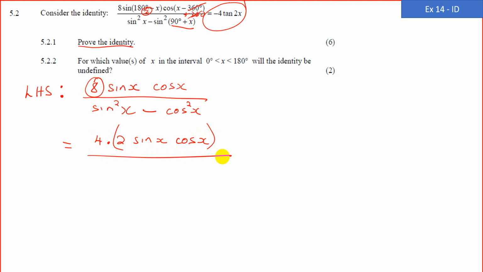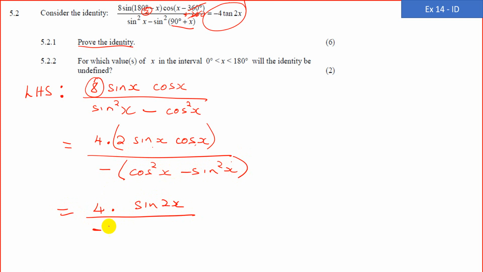And then we know sine squared minus cos squared. And we know the formula is cos squared minus sine squared. So I'm going to do a change of sign, pull out a negative, and call that cos squared x minus sine squared x. Now, using my double angle formulas, which we did in the previous question, we'll have 4 times 2 sine x cos x is sine 2x.